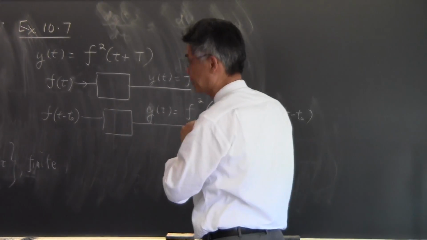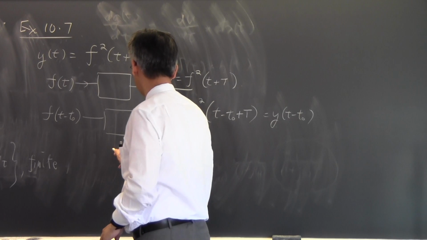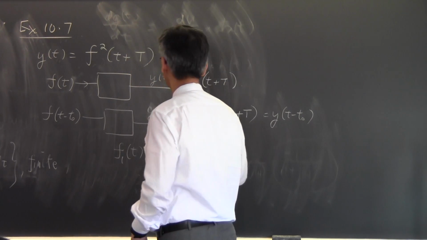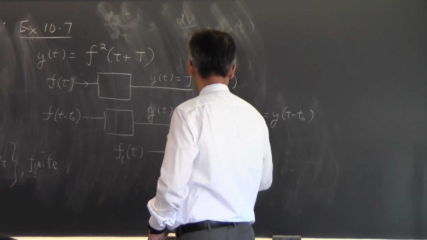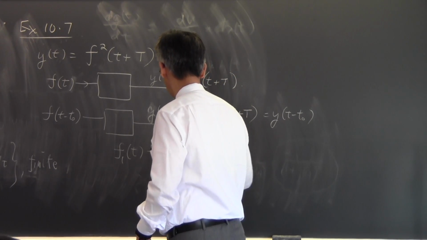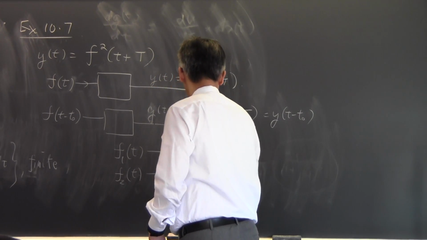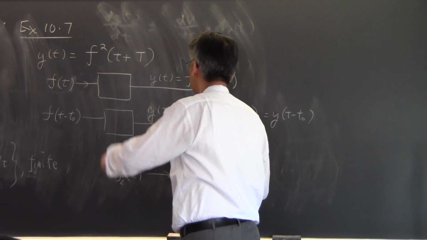Is this system linear? If I have two inputs, f1(t) gives me the output f1 squared of (t plus capital T), and a second input f2(t) gives me this as my output by using that rule.